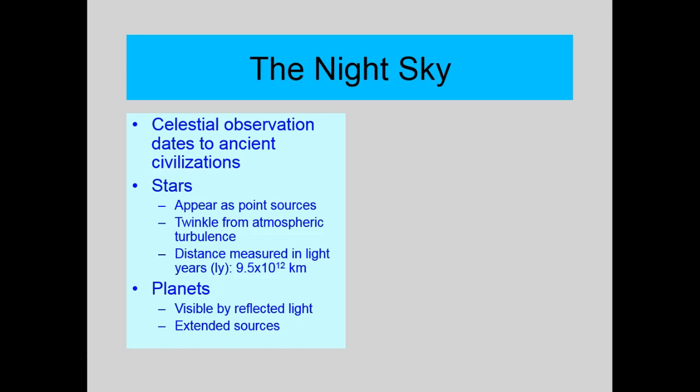So planets are much closer and only visible because they reflect light. And because they are fairly close, they don't tend to twinkle as much as stars do, but that's another issue.